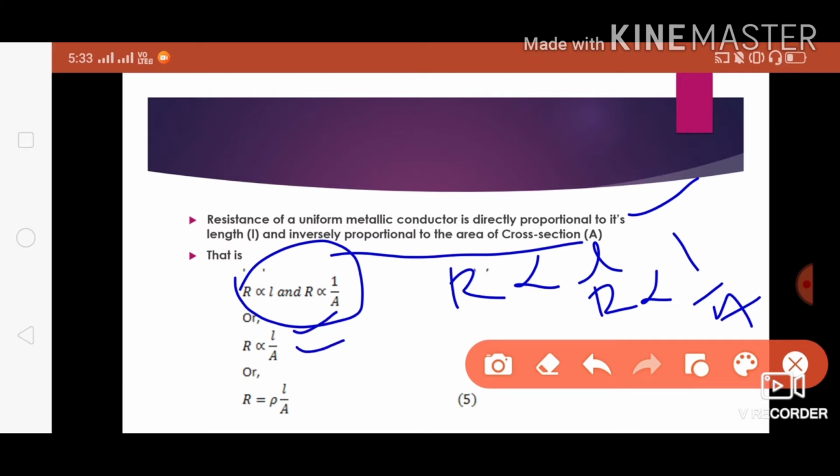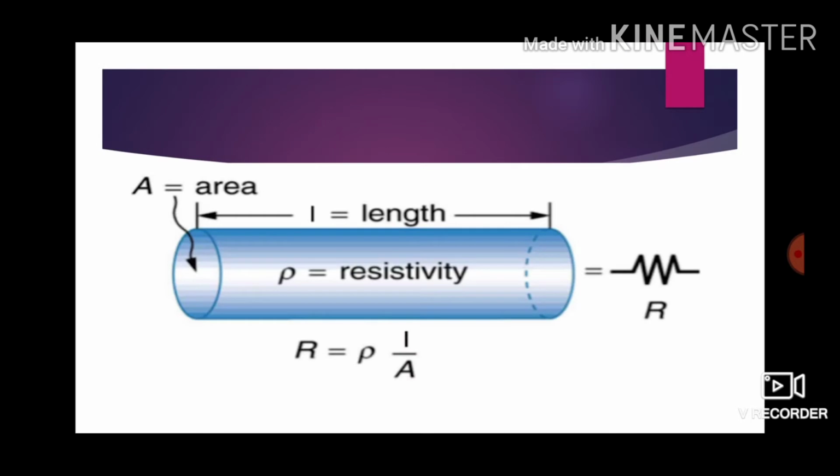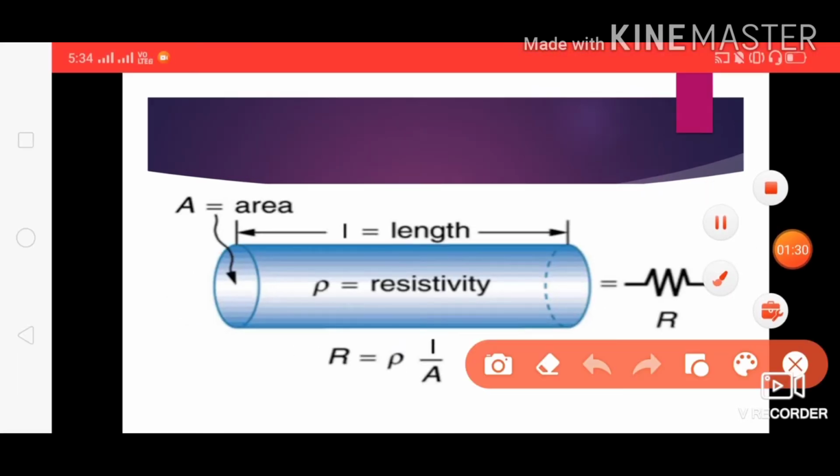When we remove the constant of proportionality, we get the resistivity. So resistance is equal to the resistivity when L and A are equal to 1 meter.